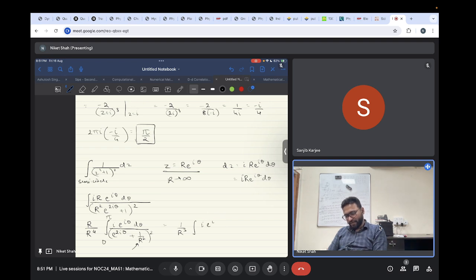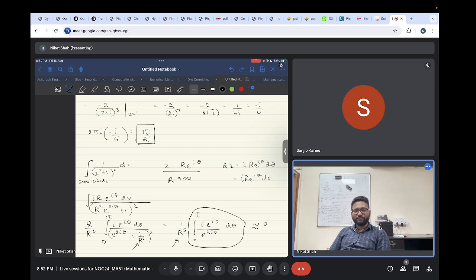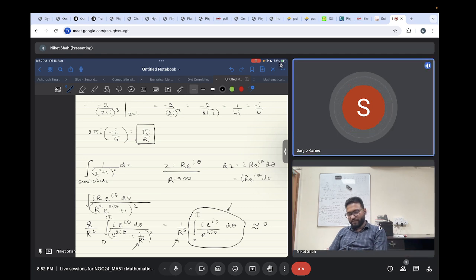i e raised to power i theta divided by e raised to power 4 i theta d theta, 0 to pi. Whatever, this is some finite number, right? This integral will give me some finite number. But 1 by r cube, where r is tending to infinity, this is practically 0. This will be 0, right?